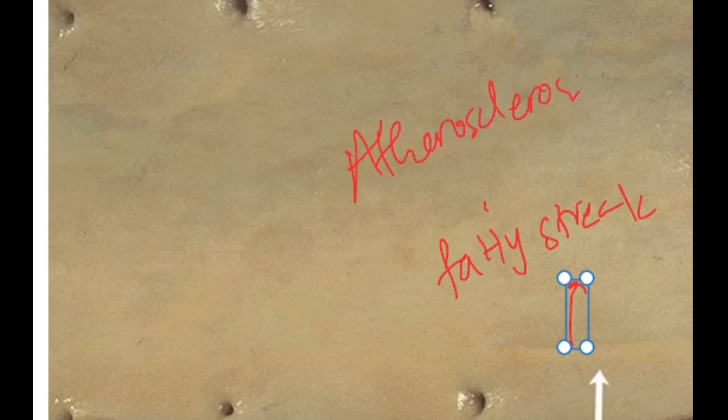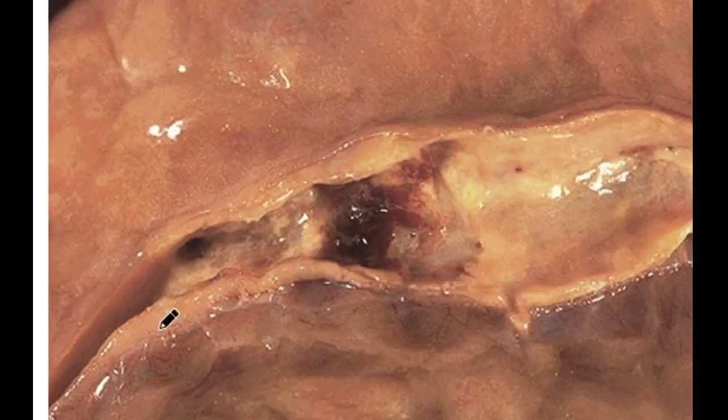Okay, next picture. Now this is the artery, most commonly the coronary artery, and here you can see this plaque.